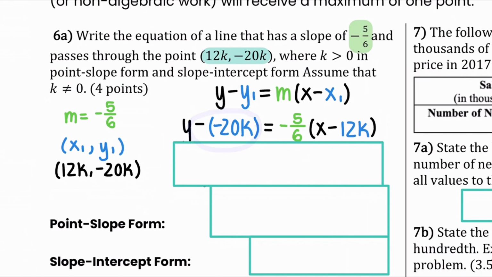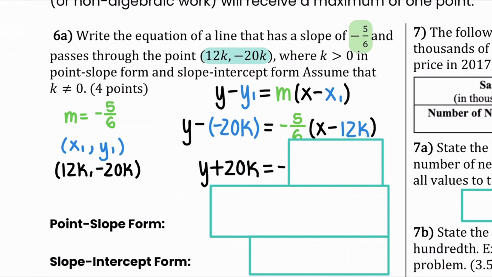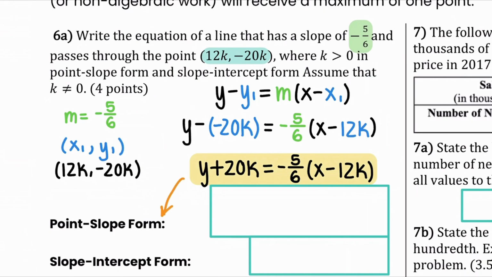Because we have this double negative situation going on, that's a little bit problematic, so let's rewrite it as y plus 20k equals negative 5/6 times x minus 12k. That's going to be our first answer, specifically for point slope form. You could draw a little arrow, so that's our first answer.